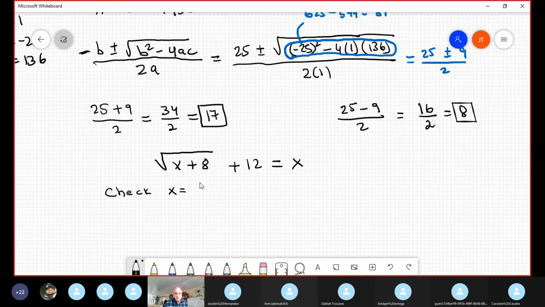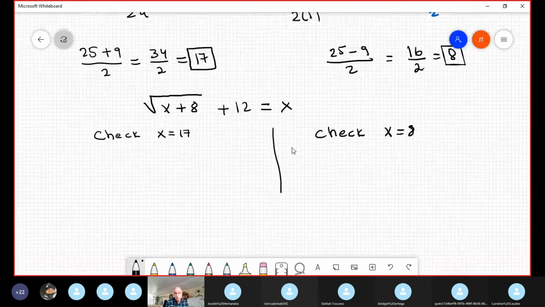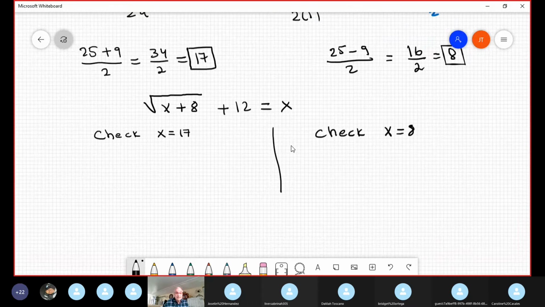For x equals 17, I split the paper in 2 parts and check for x equals 8. Okay, let's do it and verify whether both are true or not. I don't know. Surprise. Square root of 17 plus 8, plus 12, should be 17; I claim this is statement 17.